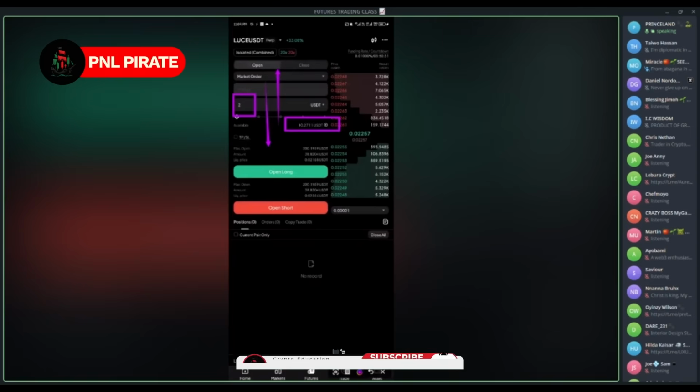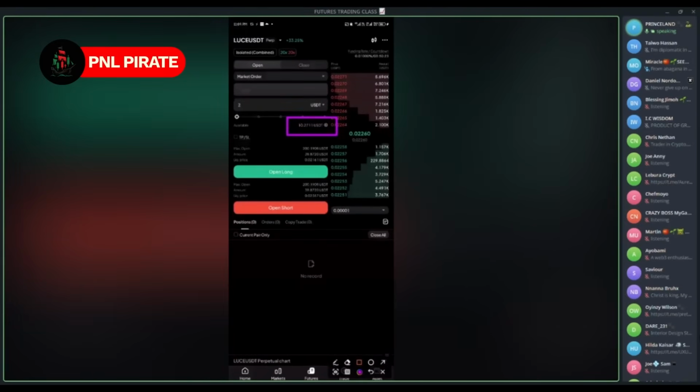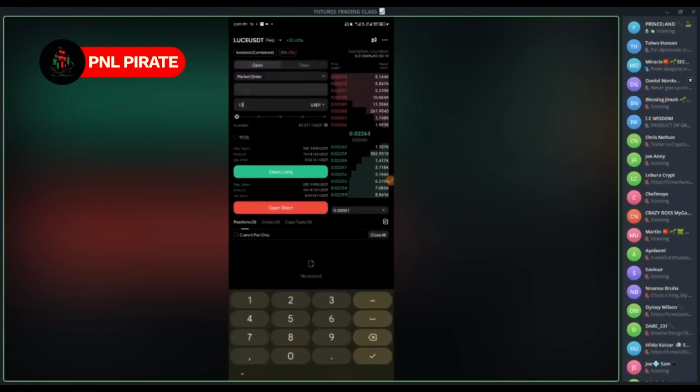Now, in either isolated or cross margin, I have $10 here. If I open my position with $10, whether cross or isolated, so long as I'm using my entire balance here, it becomes isolated. The amount you put here is always 100%.